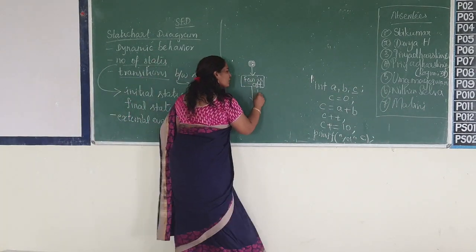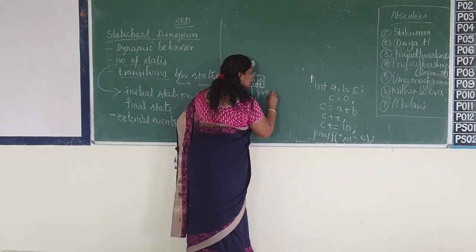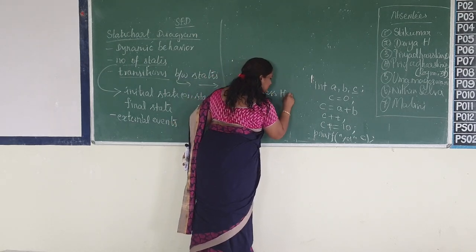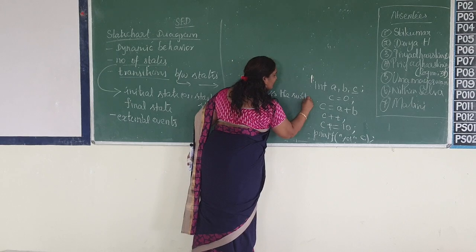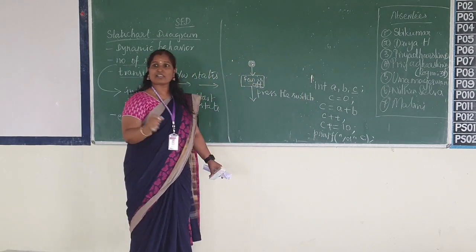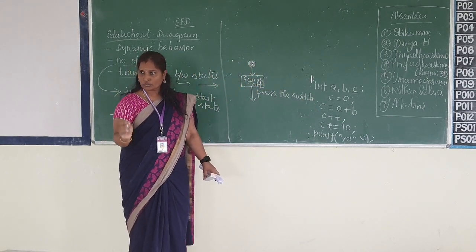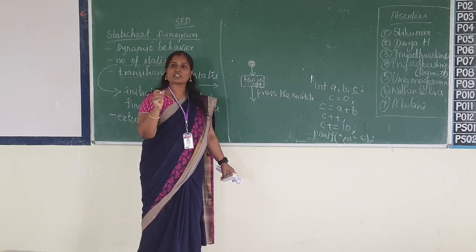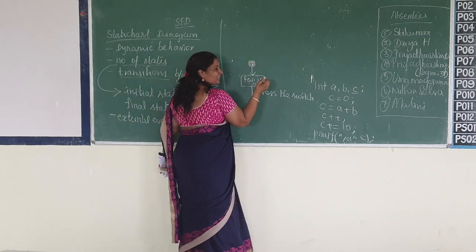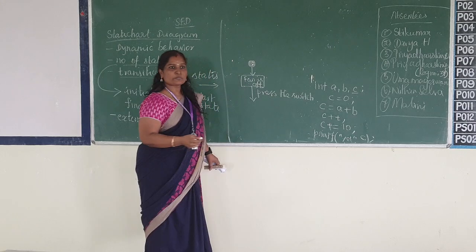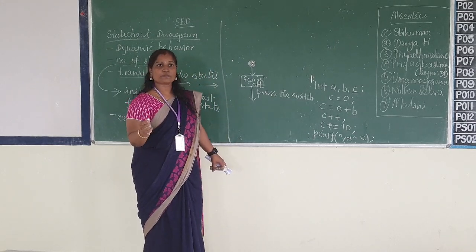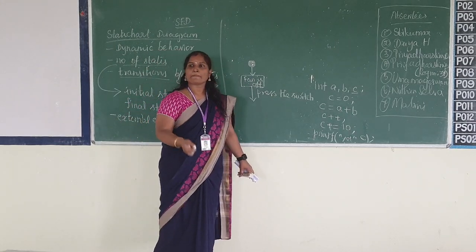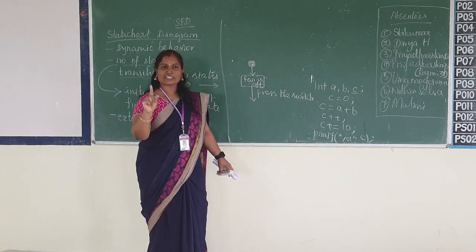So here you give one press of the switch. Pressing the switch is the external event. You are doing it on an object. Here the object is fan.